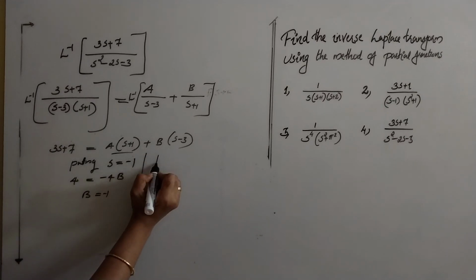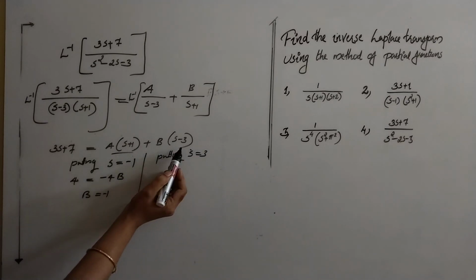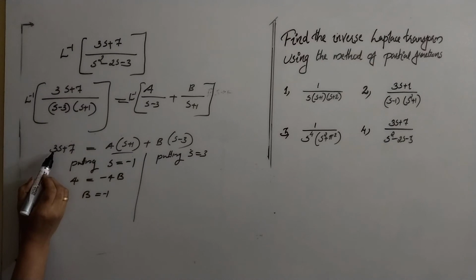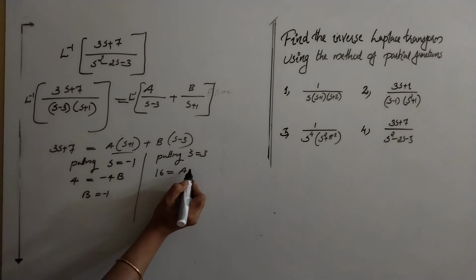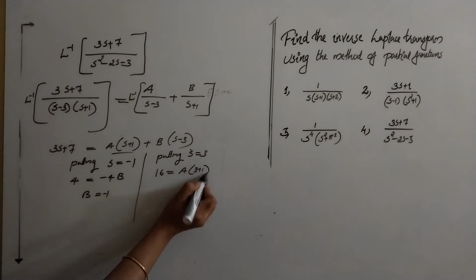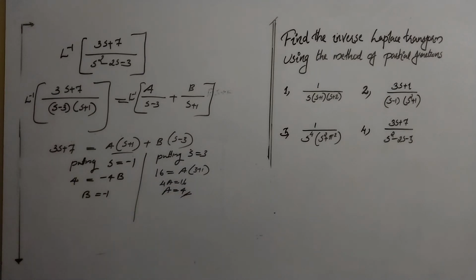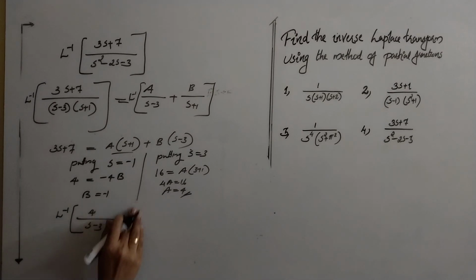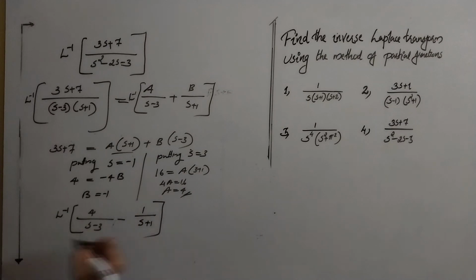Now if s is equal to 3, 3 minus 3 is 0, this term becomes 0. 3 into 3 is 9, 9 plus 7 is 16. 16 is equal to a into 3 plus 1, that is 4. So 4a is equal to 16 means a is equal to 4. So this can be written as L inverse of 4 divided by s minus 3 plus b, which is minus 1, so minus 1 by s plus 1.